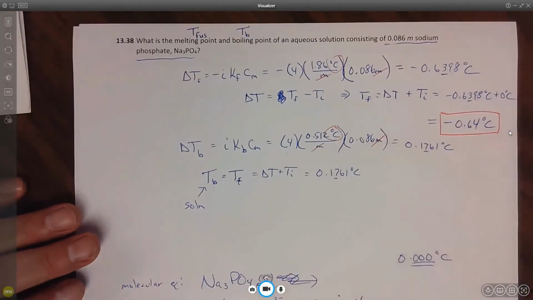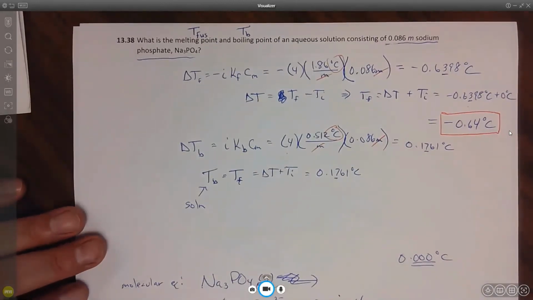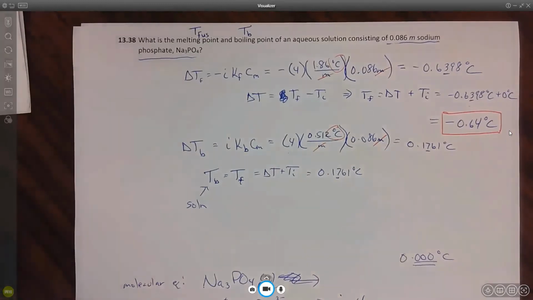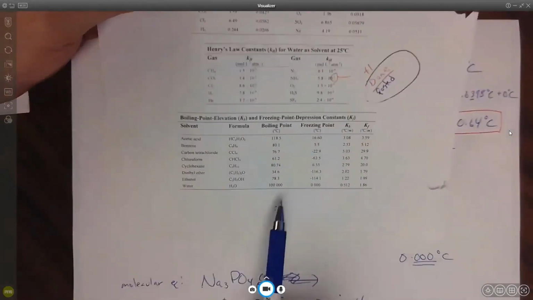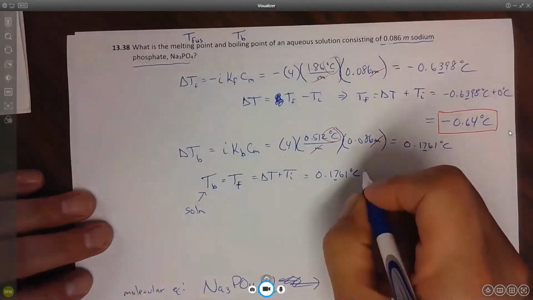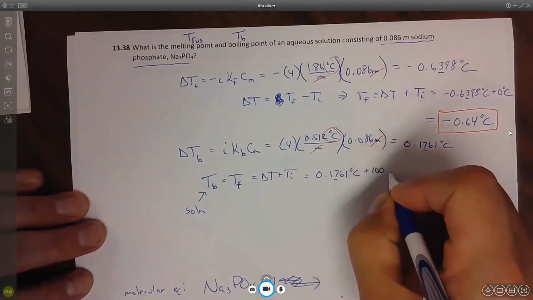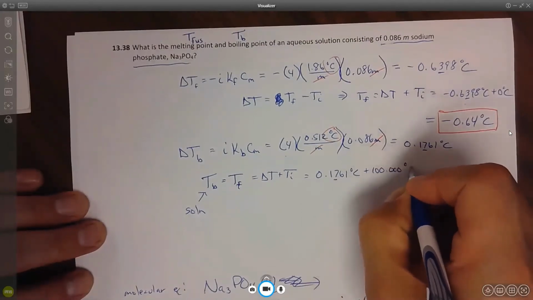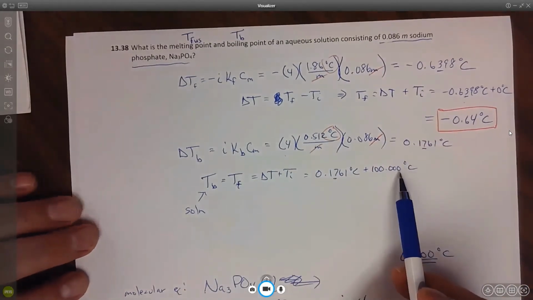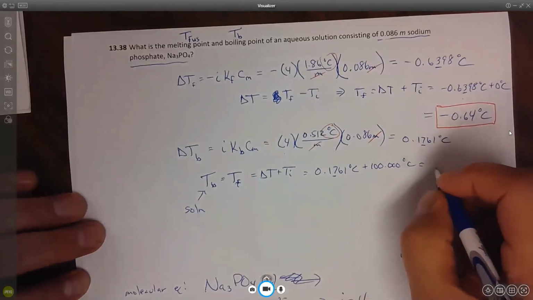Okay, and Hannah, what's the boiling point of pure water? The boiling point is 100 degrees Celsius. Exactly. Now again, in this thing, I gave it to 3 decimal places. Okay, so we're going to say plus 100.000 degrees Celsius.